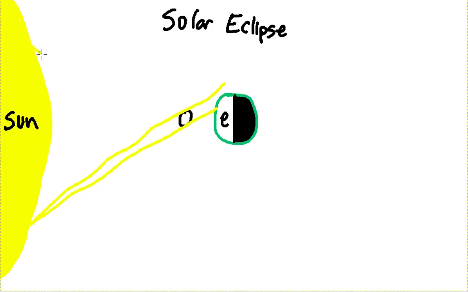Now let's do the same thing coming from the other angle. So these aren't the only light rays, but these are the ones that are the most important for us right now. So in this area right here, there aren't going to be any light rays making it, because of the moon's shadow being cast in this direction and in this direction. This is the spot right here where no light rays are able to make it to Earth.